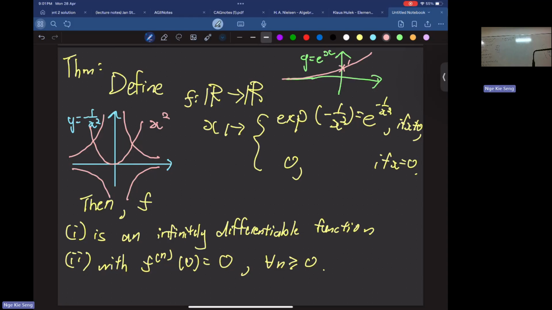So what's wrong with this graph? y cannot be 0, so this graph is asymptotic to y equals 0. You get very close to y equals 0, but you never meet it. Why is it true?